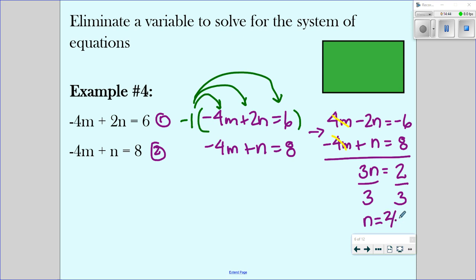So you could put it as a decimal, but I'm going to leave it as a fraction because I'm going to have to substitute that into one of the equations, and I would rather deal with fractions because there's a chance that I might eliminate it or not. Who knows? Let's see what happens.